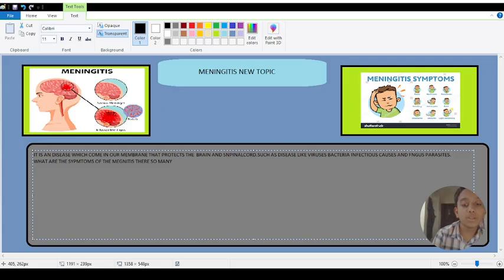I will tell you some typical symptoms of it, such as stiff neck, which means the neck is stiff, as you can see in this child, and nausea or vomiting.